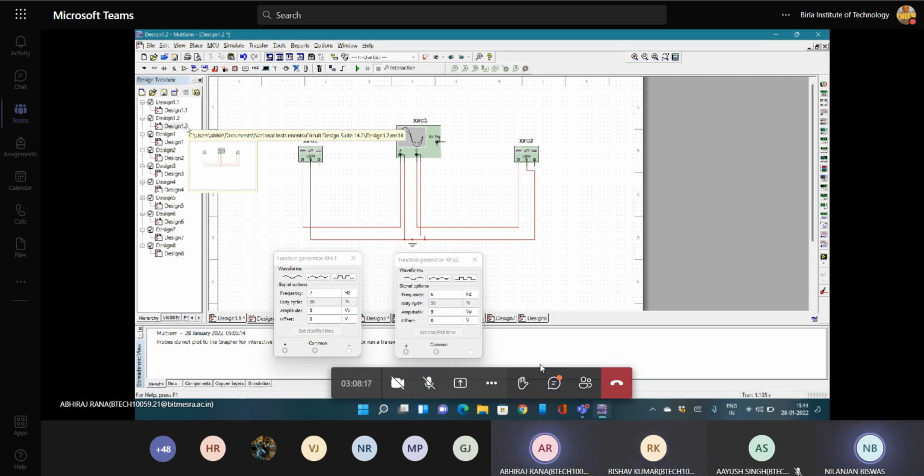Sir, this is experiment number 1C, and this is experiment number 2. Your screen is not changing, Abhiraj. So one second, sir.